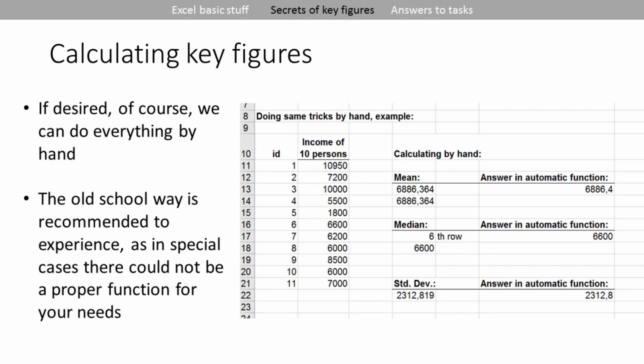Of course, using functions is always great. It's fast, efficient, and you should always use them. But also, it's good to know how to do this by hand. Then you know how everything works in Excel and you can do custom work if there is no proper function for what you are trying to do. You can calculate anything by hand if you know how to do it.